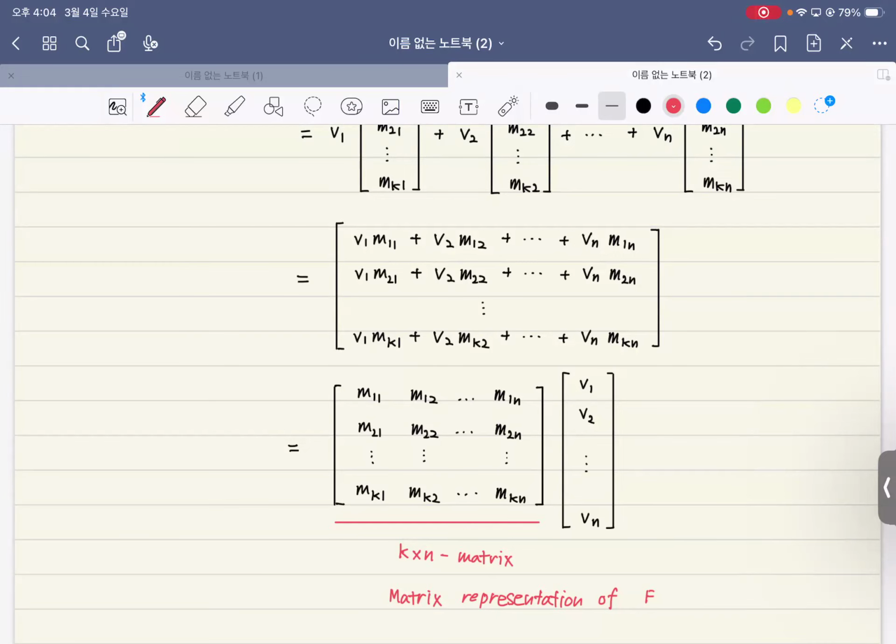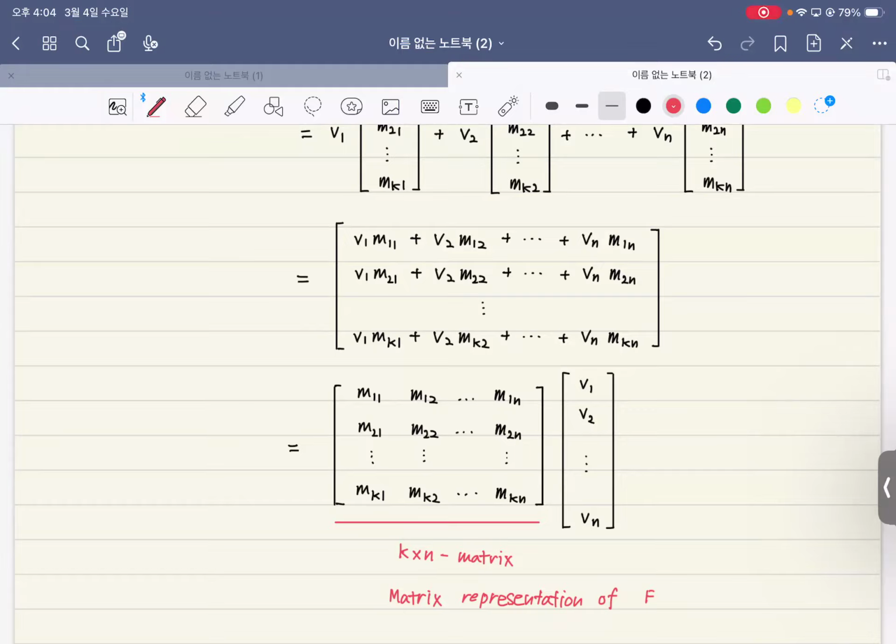And I believe this is a linear function. Just trust me, this is a linear function. Now, can you find the matrix representation of this linear function? If you think you can, then just try it by yourself. But if not, then let me just find out.